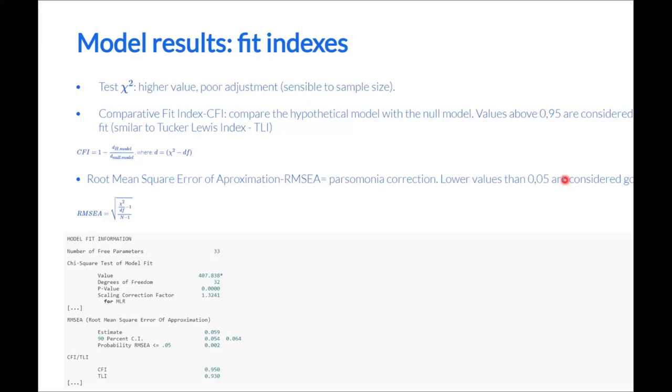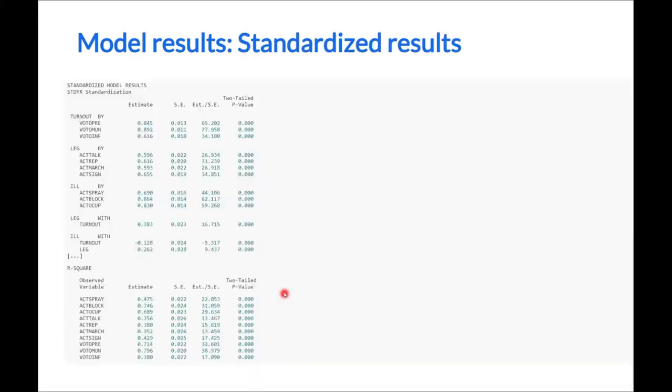The CFI should be higher than 0.95, the TLI higher than 0.95, in this case it's 0.93, sorry. And the RMSEA is close to 0.05, okay? In this case, we can say that this is a good model. Maybe we can improve it a little bit, but it's a good model.